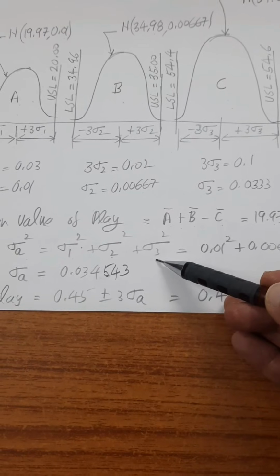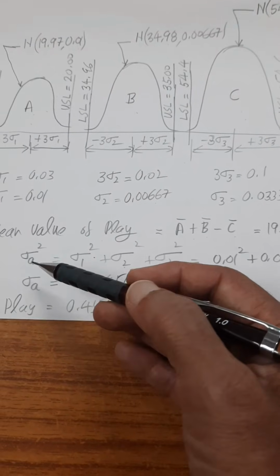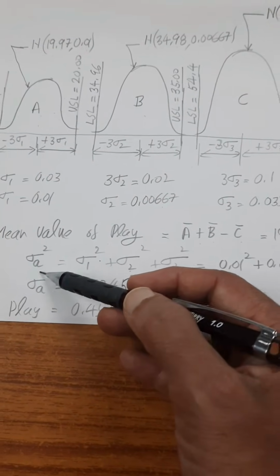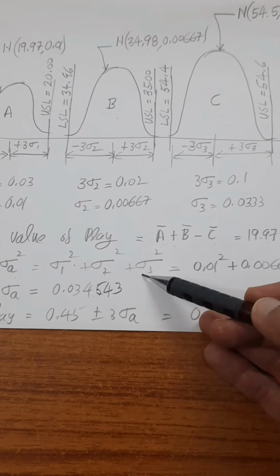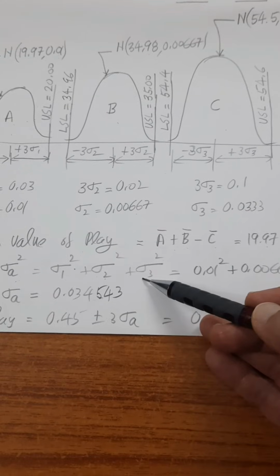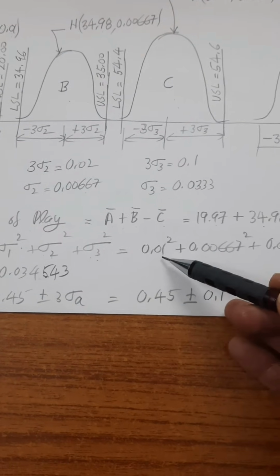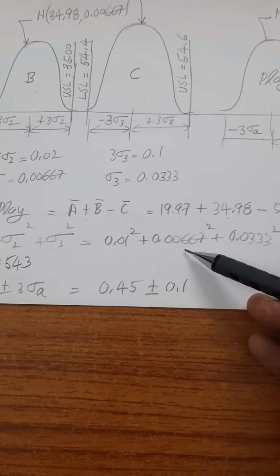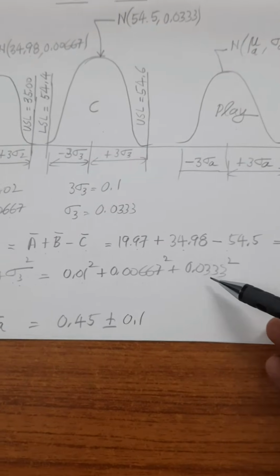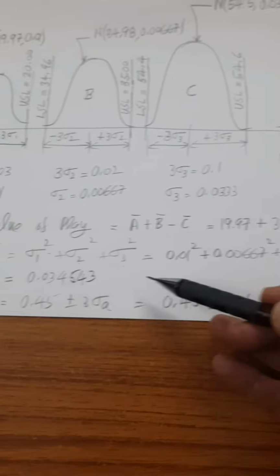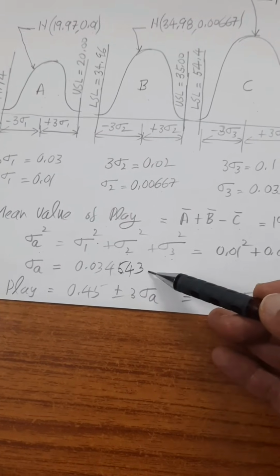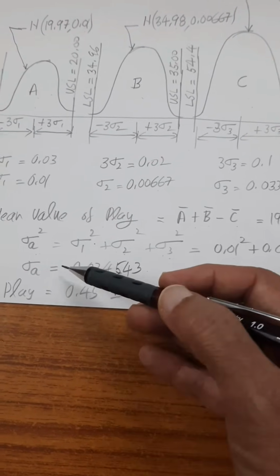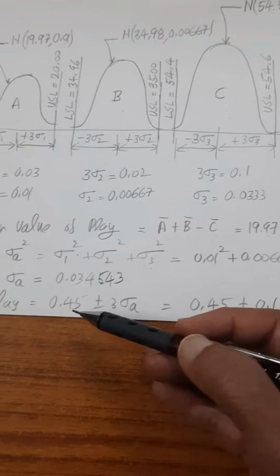As per normal law, we find the standard deviation of the resulting distribution as the sum of the squares of the standard deviations of the individual dimensions. So from this, 0.01 squared plus 0.00667 squared plus 0.0333 squared, we get sigma A as 0.034543.